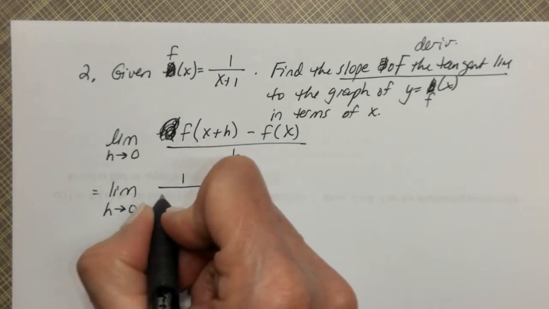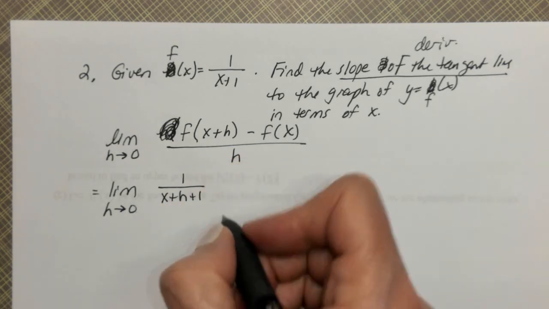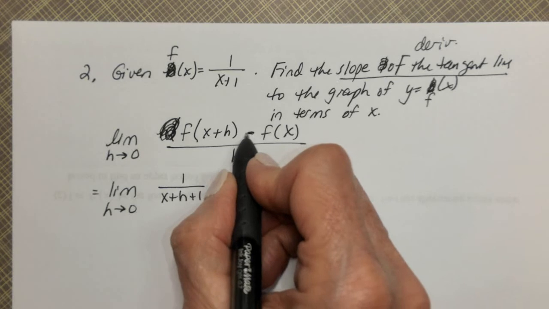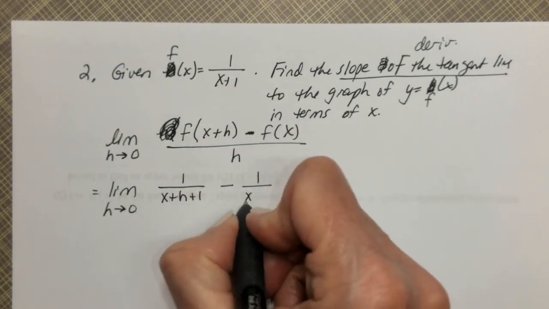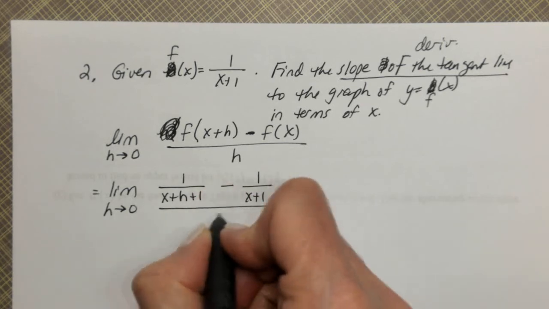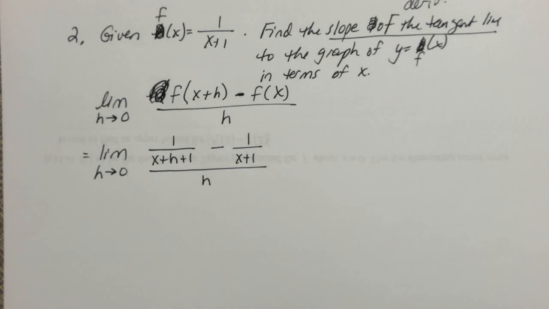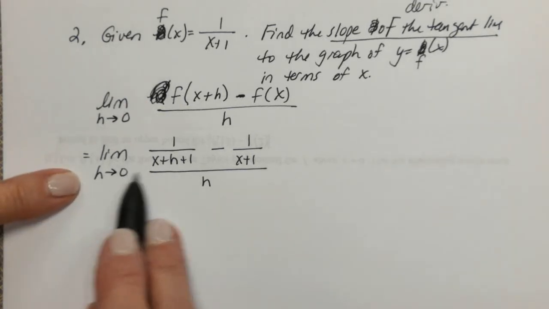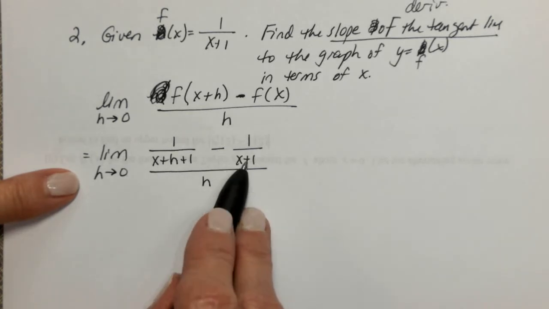I'll have 1 over x plus h plus 1 minus, there's that minus, f of x. Well, f of x is just 1 over x plus 1, all divided by h. For this one, if I just plug in 0 for h, I'll get 1 over x plus 1 minus 1 over x plus 1.